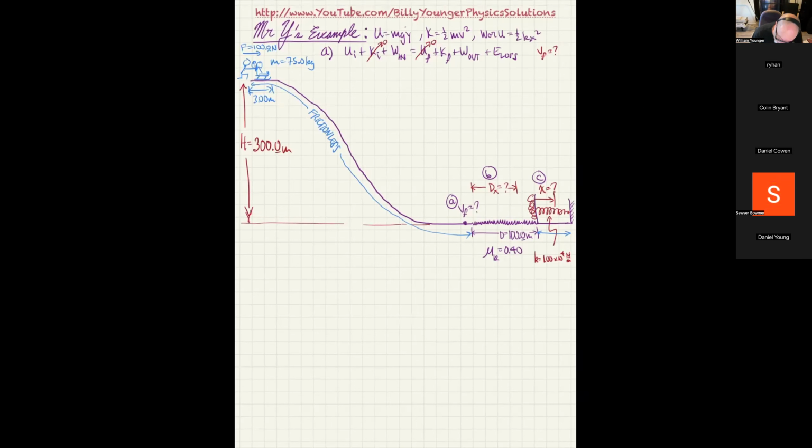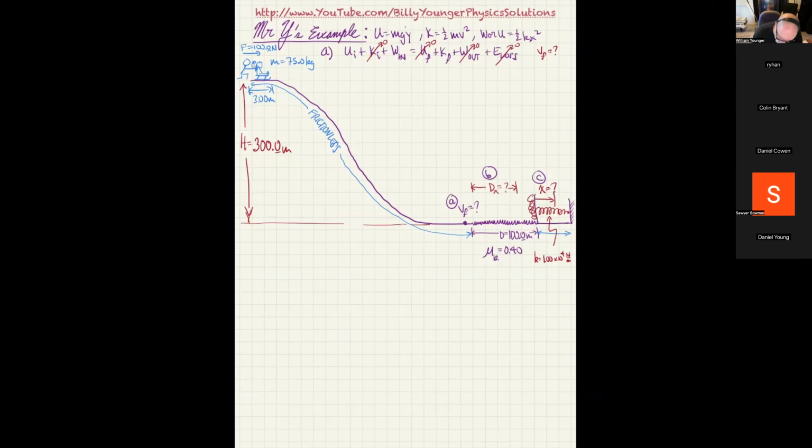So I'm going to call that zero right there. Not only that, when I go up to point A, where the V final is, I'm not going to have done any work or taken any energy out of the system by doing work or by energy loss. So that's going to be zero, and that's going to be zero as well.